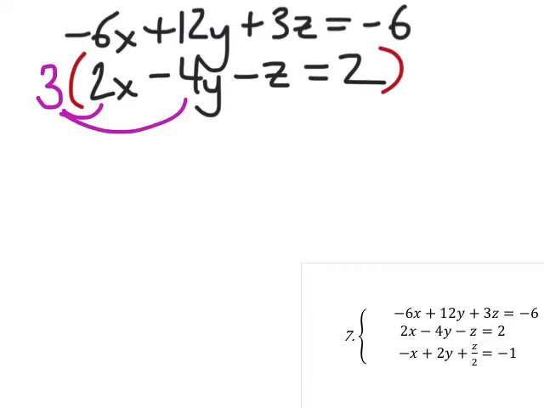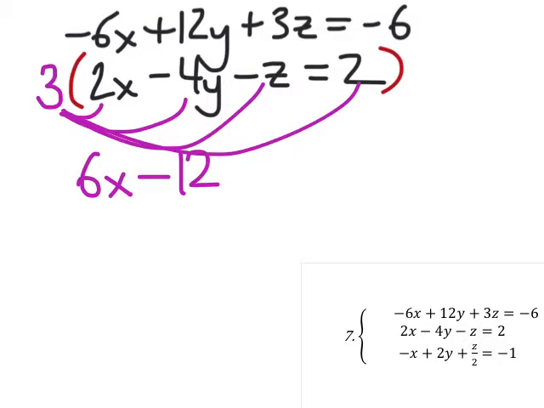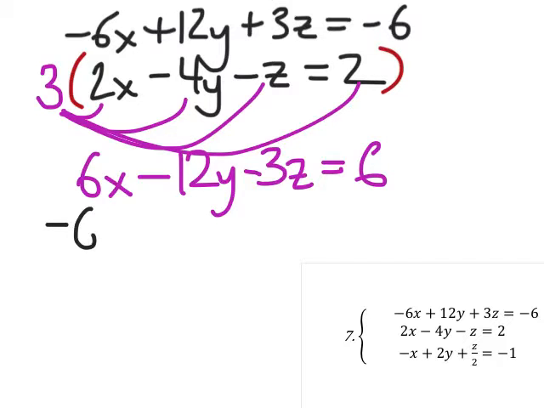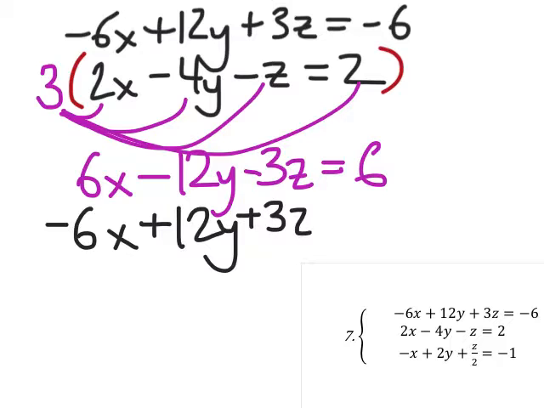So if I distribute the 3 into this, I'd have 6x minus 12y minus 3z equals 6. And the top equation is the same, negative 6x plus 12y plus 3z equals a negative 6.